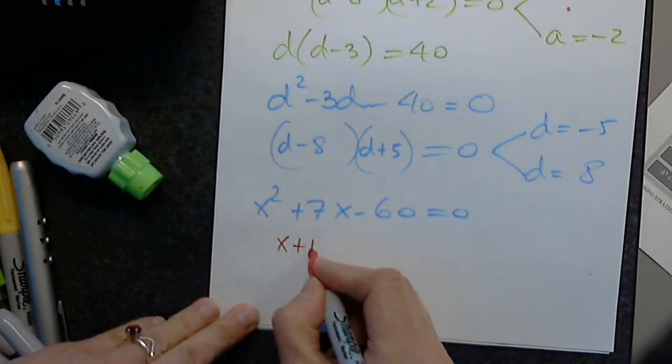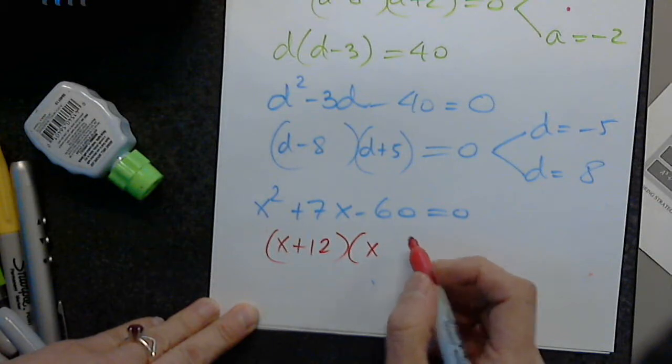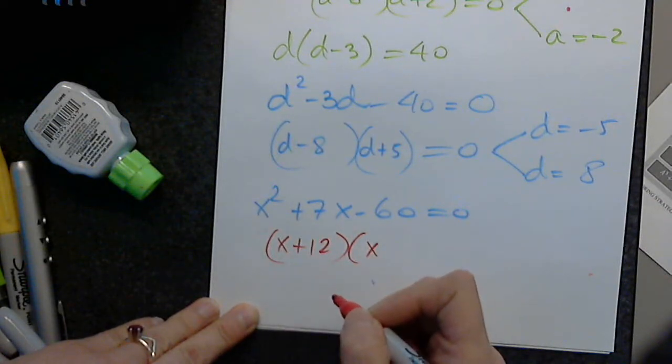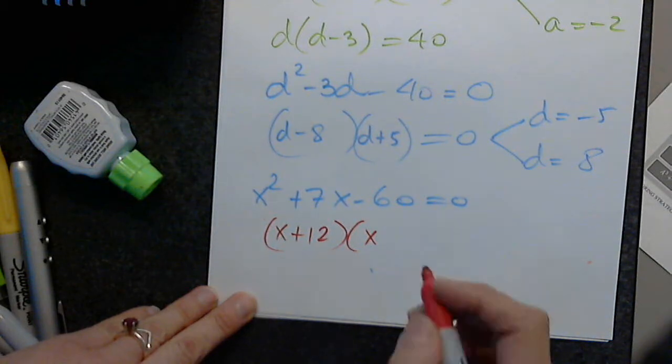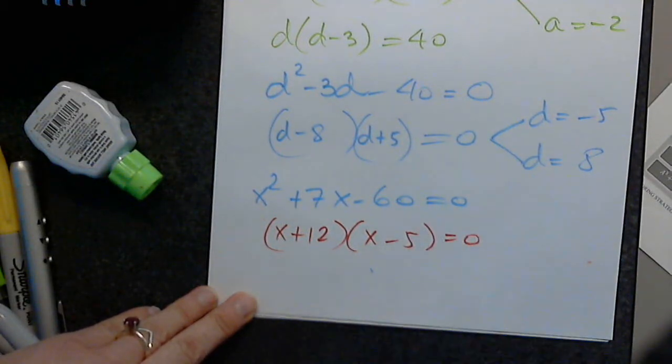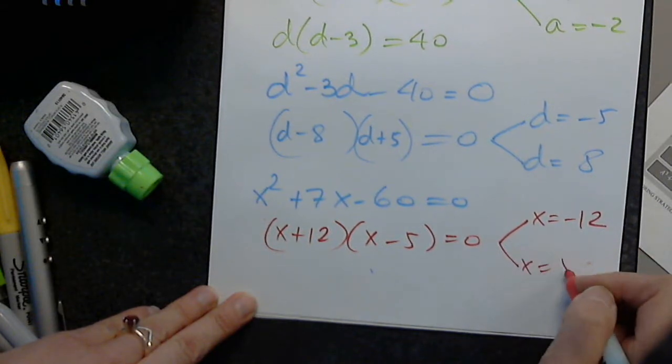Yep. So x plus 12, we said? He was giving you the answer, I think. I need to write the factor form too. Yeah, it's x plus 12, x minus 5. So now the solutions are x equals negative 12 and x equals 5.